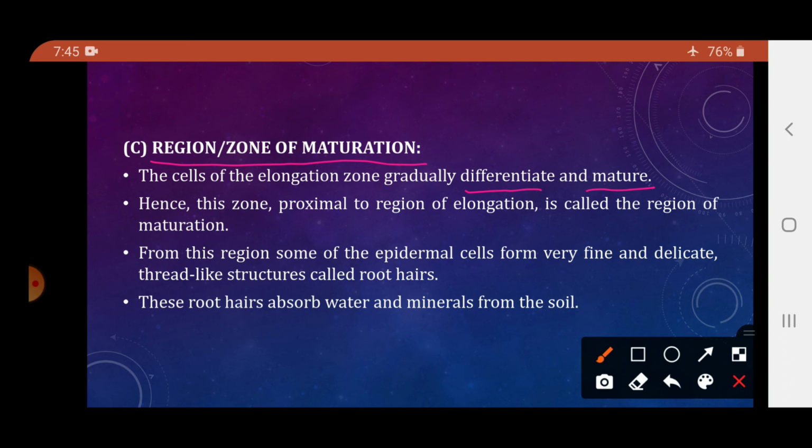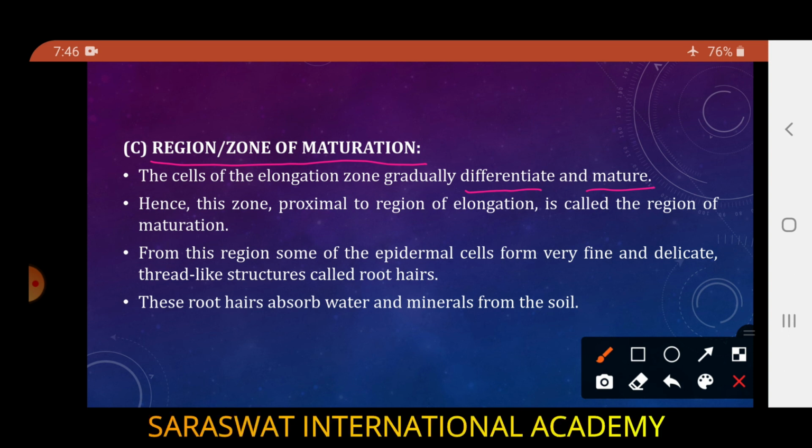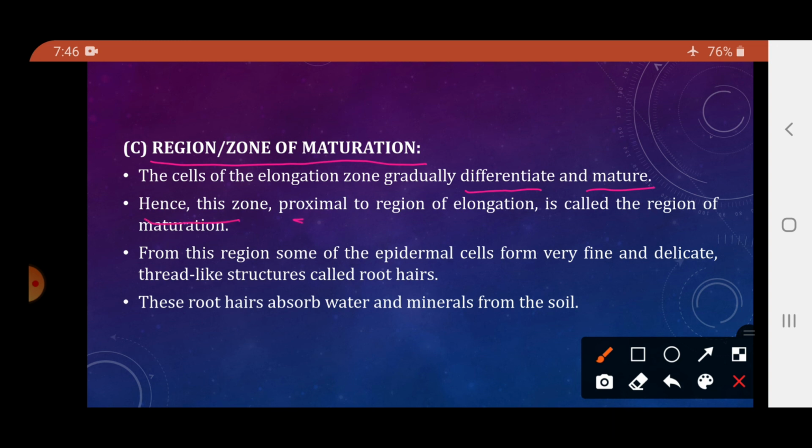So in the maturation zone the cells have attained final structure and form and perform particular functions. Hence this zone proximal to the region of elongation is called the region of maturation.